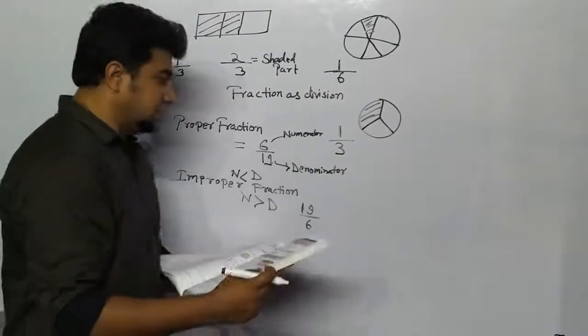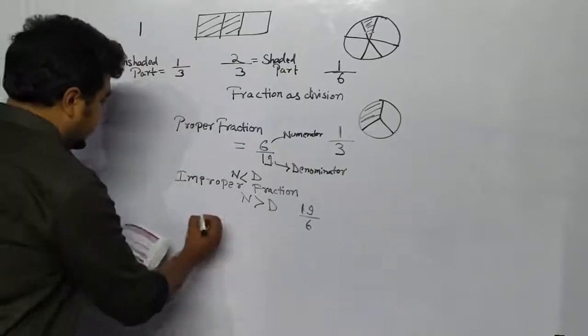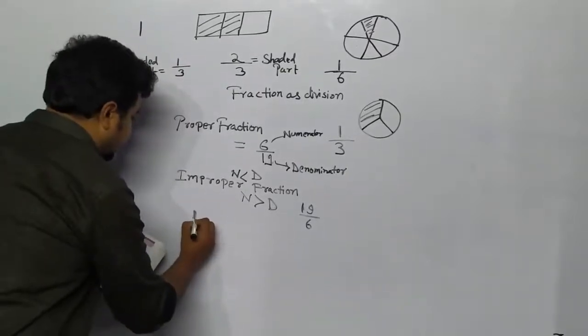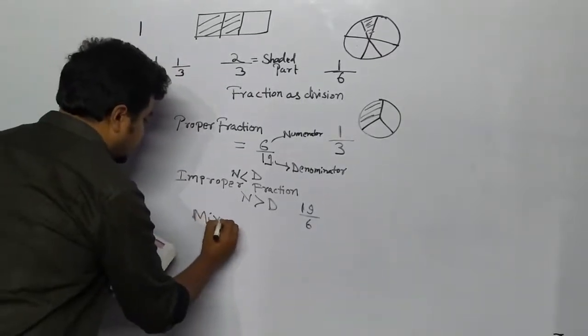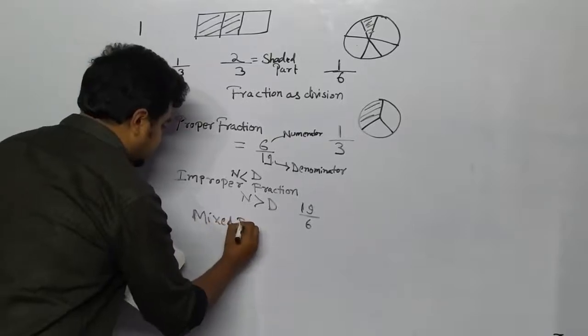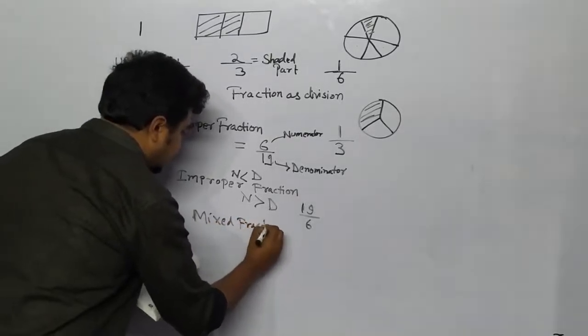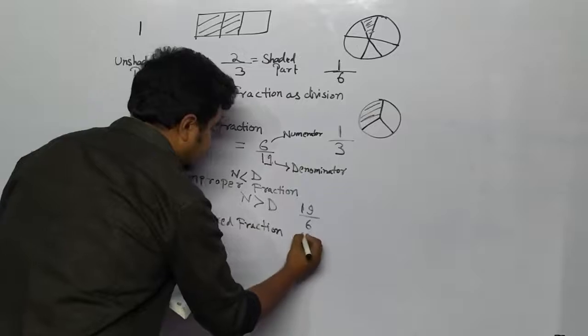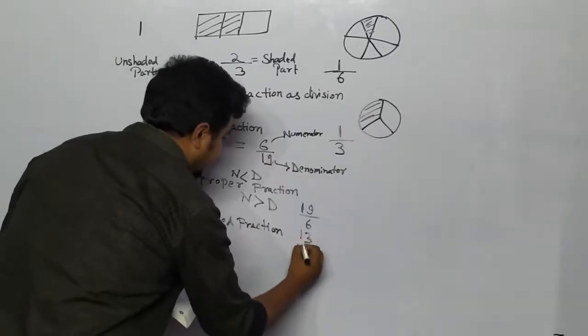Now you can represent 19 by 6, and I just want to discuss mixed fraction. Mixed fraction is basically, think of 13 divided by 3.